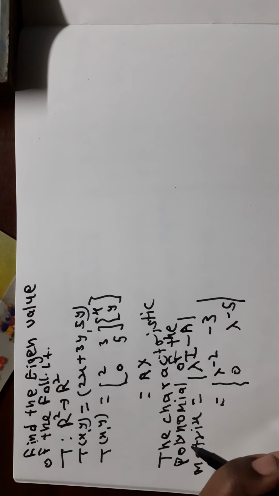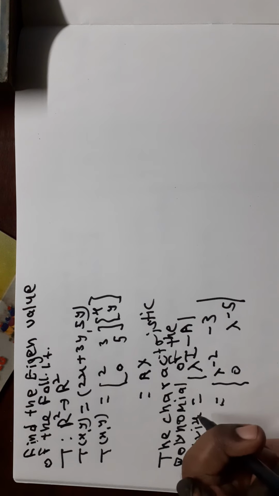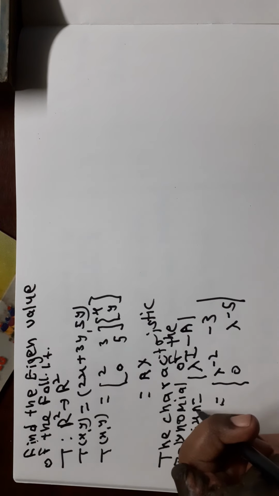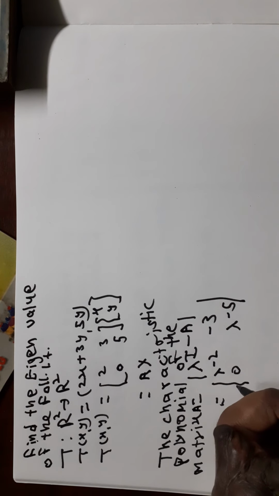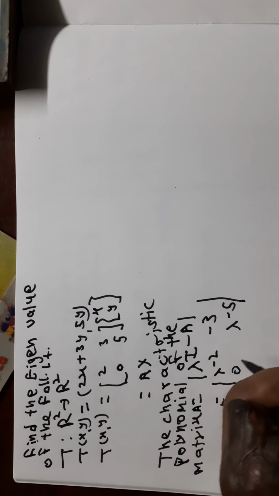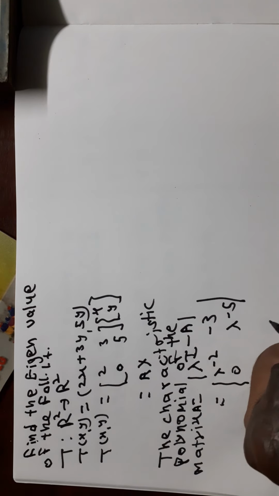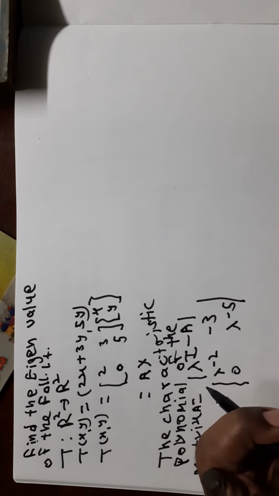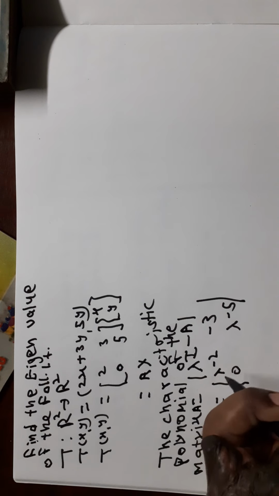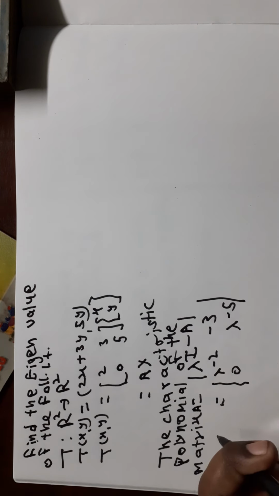Now the characteristic polynomial of the matrix A is equal to determinant of lambda I minus A. Now here we can directly write this determinant as [lambda minus 2, minus 3; 0, lambda minus 5].